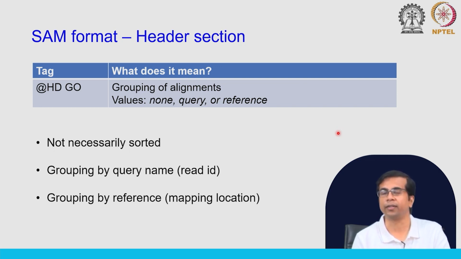If some reads are aligning to chromosome 1, you probably want to group them based on the reference genome position where they actually align. Chromosome 1 reads will be grouped together, and reads mapping to other chromosomes can be grouped together as well. So, this is not necessarily sorted, but you can have grouping by query name or grouping by reference on the mapping location.